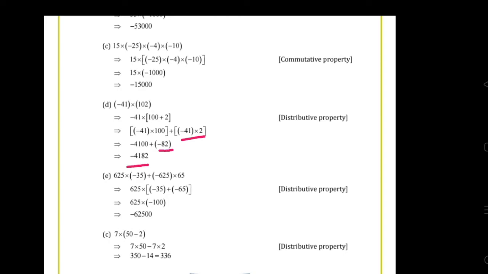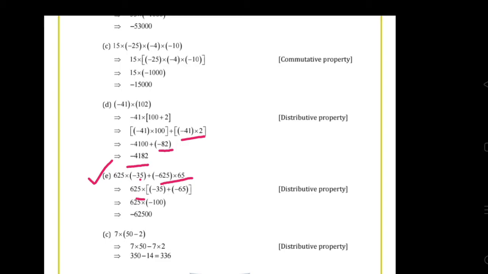Students, we know that if both numbers are negative, then we have to add both the numbers, and we put the sign of the larger number. See, afterward in E, 625 × (-35) + (-625) × 65.